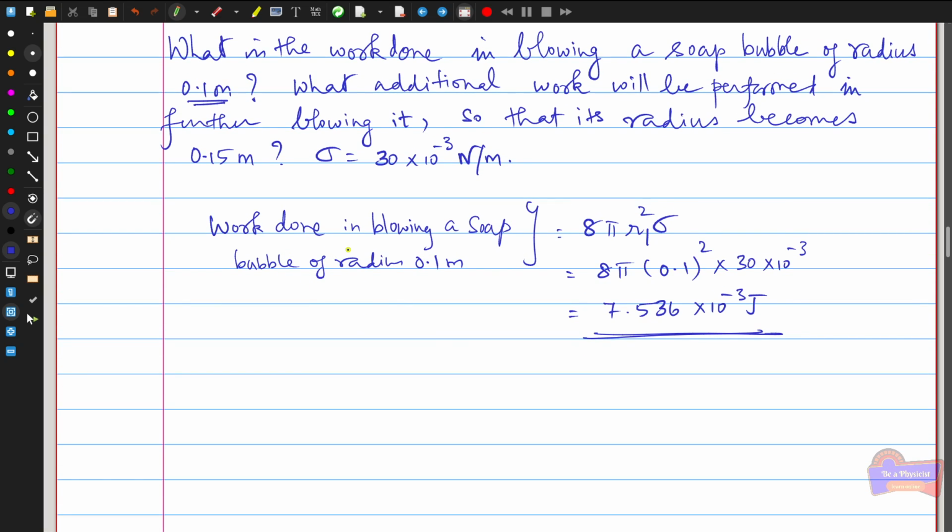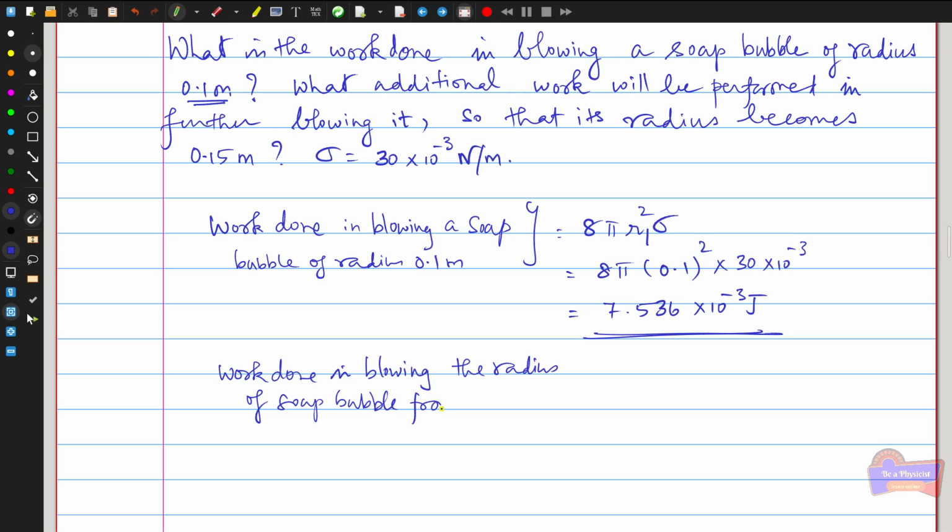Now we can calculate the work done in blowing the radius of the soap bubble from 0.1 to 0.15 meters. Again, you can use the same formula, 8 pi into r2 squared minus r1 squared into sigma.